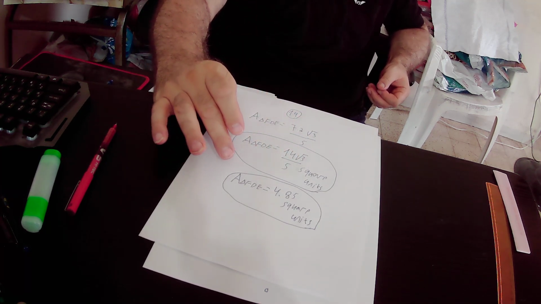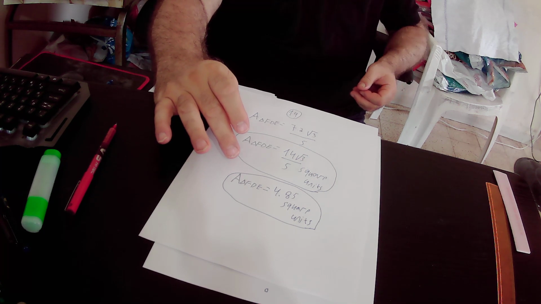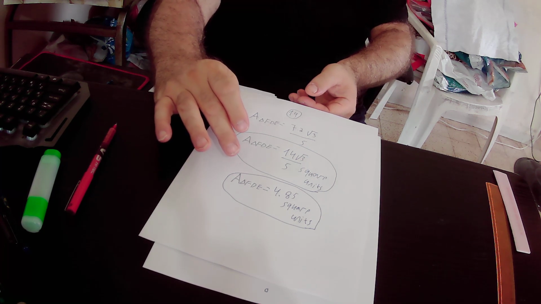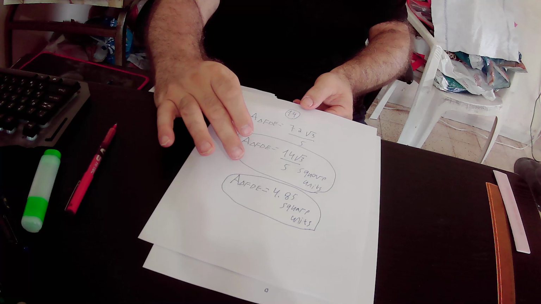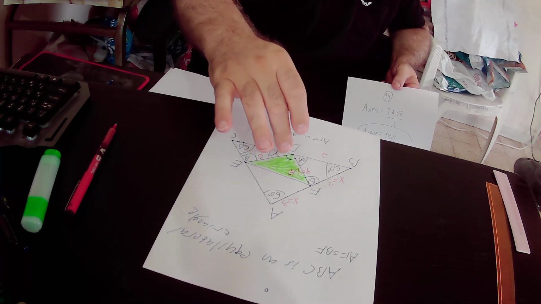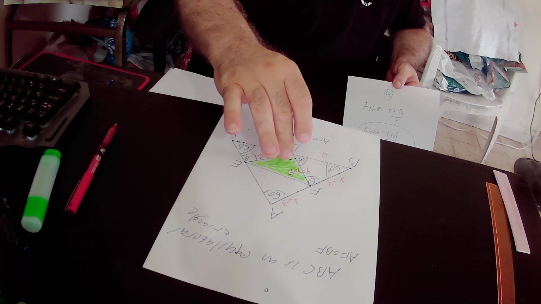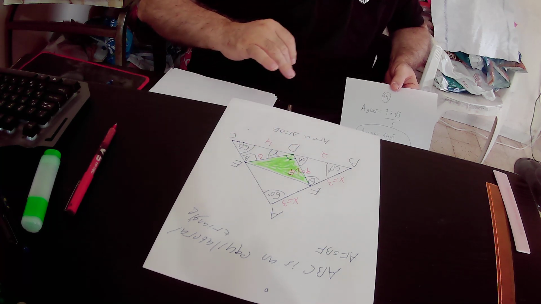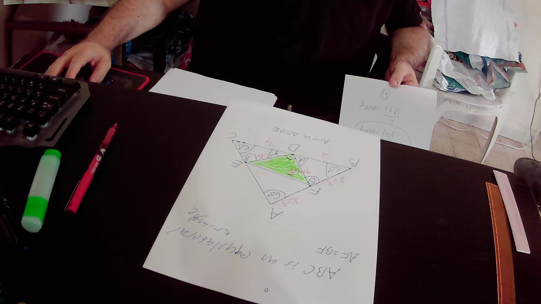So in terms of numbers, the area of the green triangle equals 4.85 square units. Okay, thank you very much.